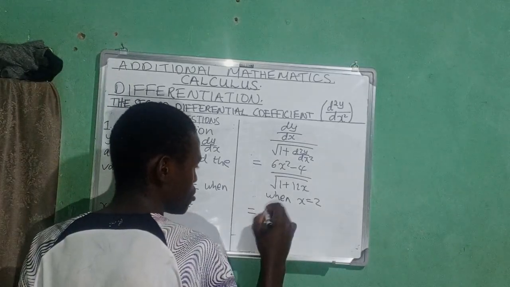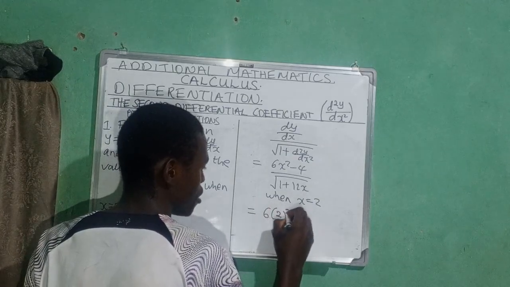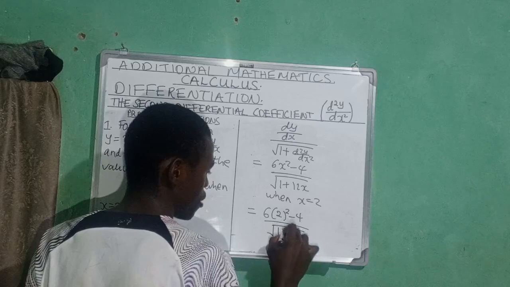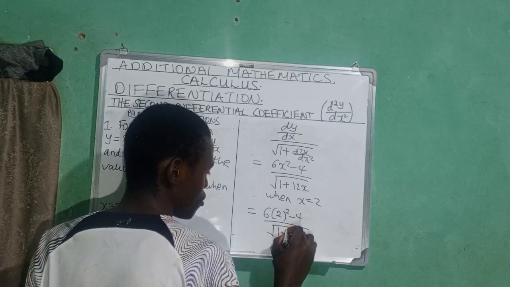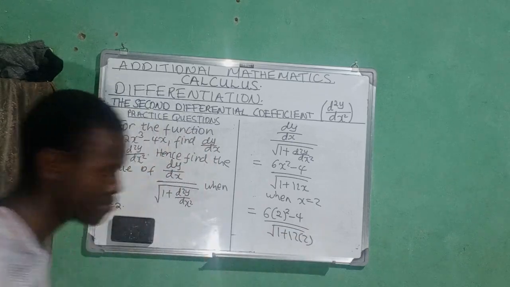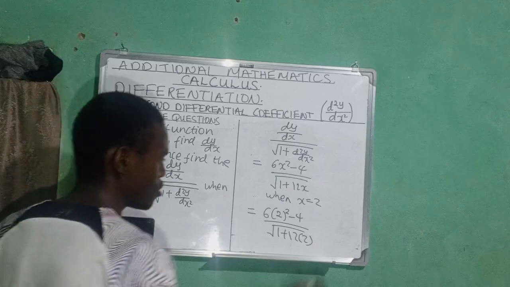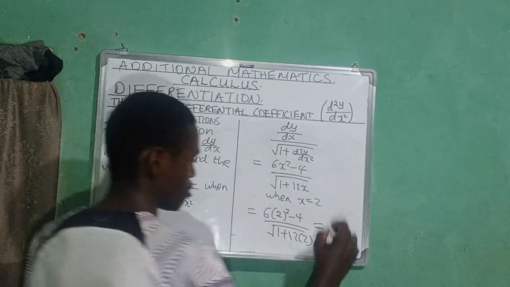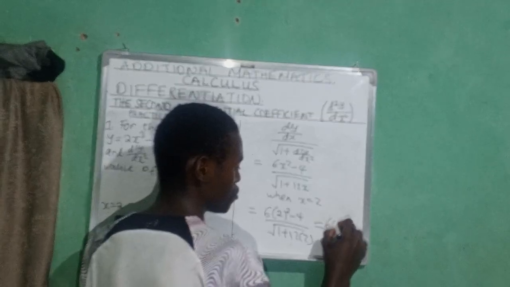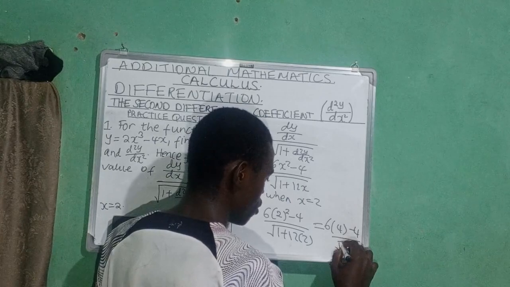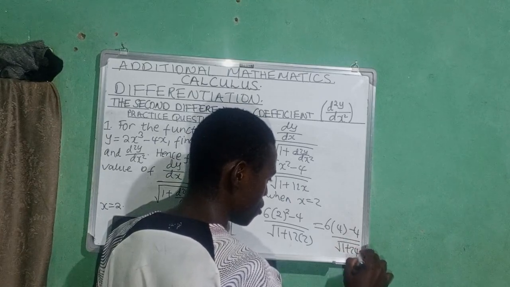This will be equal to 6 multiplied by 2 squared minus 4, divided by the square root of 1 plus 12 multiplied by 2. Okay, so this would be equal to 6 multiplied by 2 squared, which is 4, minus 4, divided by the square root of 1 plus 24.